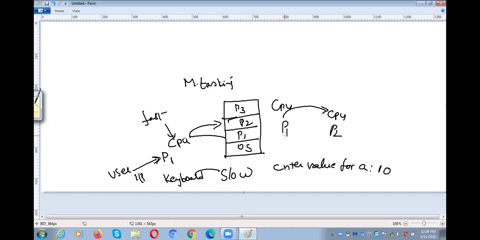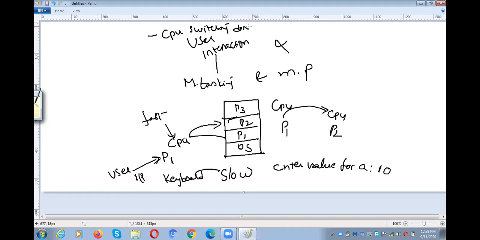That means the CPU is switching from P1 to P2 even while you enter the information to that particular program. That little bit of time is also not wasted in the case of multitasking. That is the reason for the difference between multitasking and multi-programming: in multitasking, user interaction is allowed. Here it is not allowed. Here CPU switching is done very frequently.